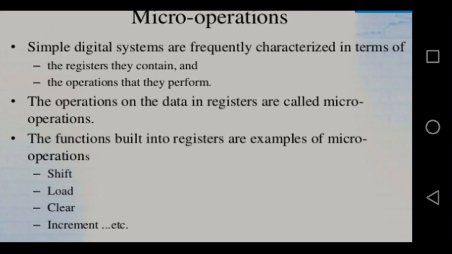So as of now, we know that when a user develops a program, it contains a group of instructions that are required to execute. But further, the instruction execution is divided into different tasks, and this instruction is divided into small operations, sub operations, or you can call them small operations.